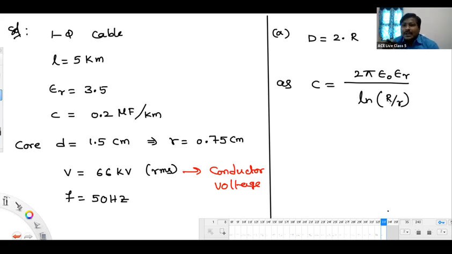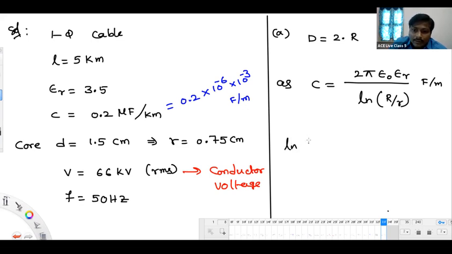It's in farad by meter, so we should keep the C also in farad by meter. 0.2 micro is 10 power minus 6, 1 by kilo is 10 power minus 3, so 0.2 into 10 power minus 6 into 10 power minus 3 farad by meter. Let's modify this because we need to get capital R now.